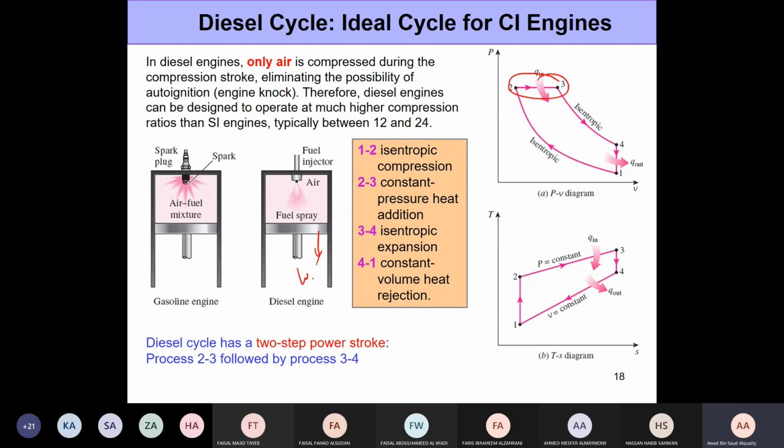So there is some work output that's happening during the heating process as well. So the diesel cycle therefore has a two-step power stroke. A power stroke during the process 2 to 3, meaning some work done during the heat addition process, and also the work done during the actual expansion process from 3 to 4. Okay, so this is what mainly happens in a diesel engine.